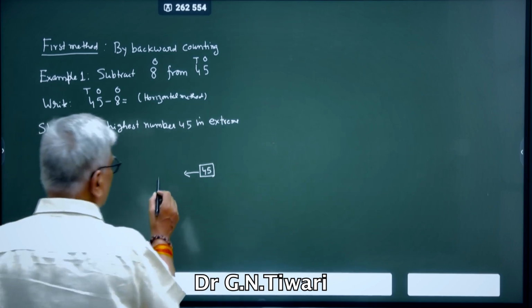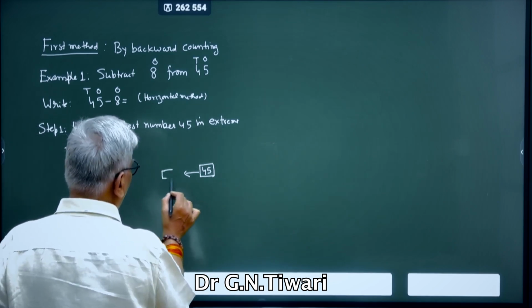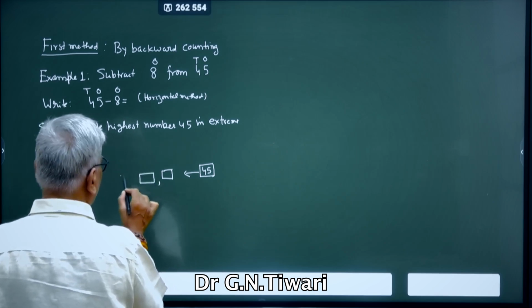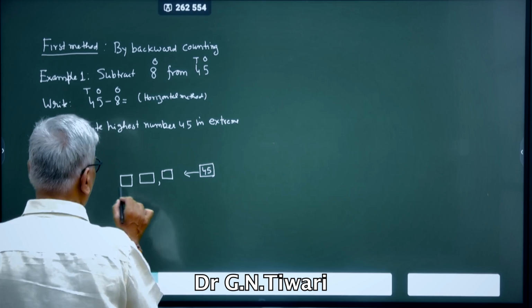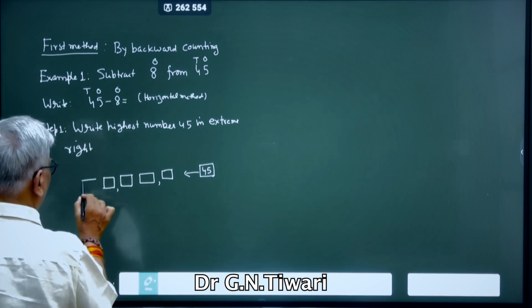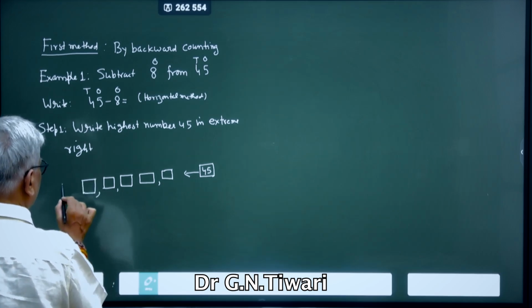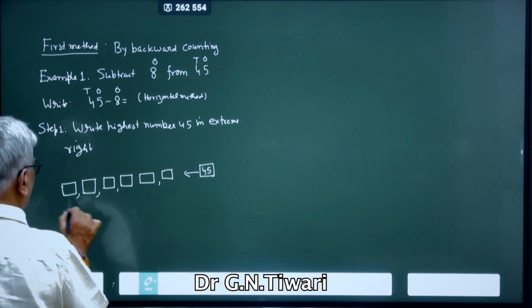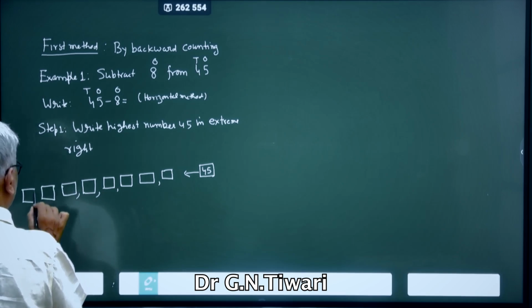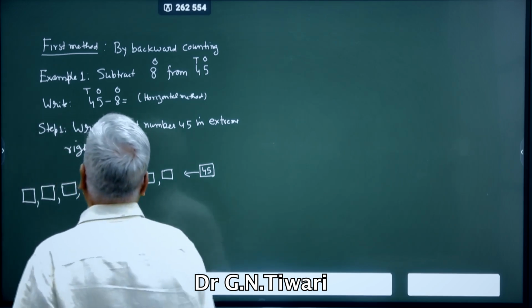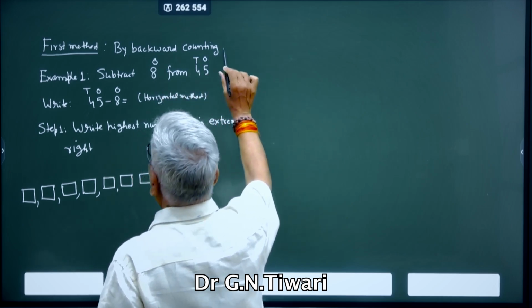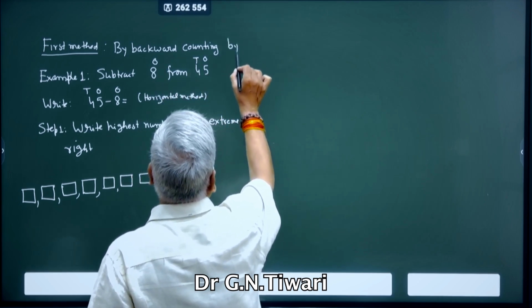Unlike addition, just see: 1, 2, 3, 4, 5, 6, 7, and 8. 8 squares. So you can do backward counting by using squares.